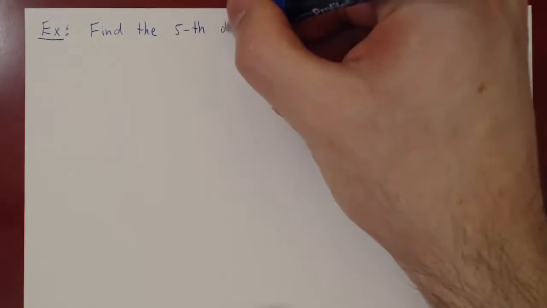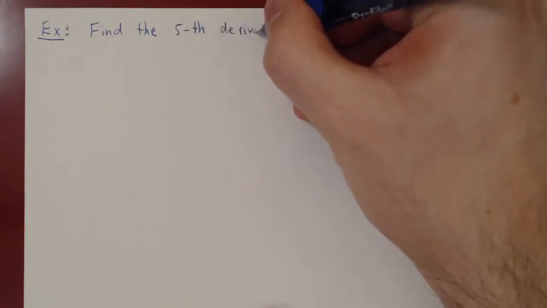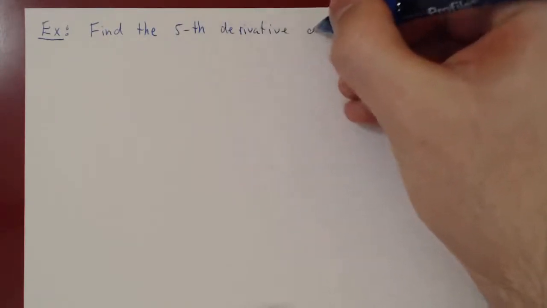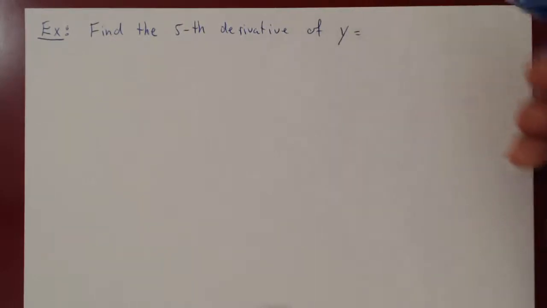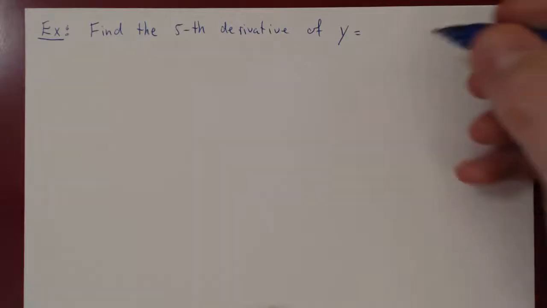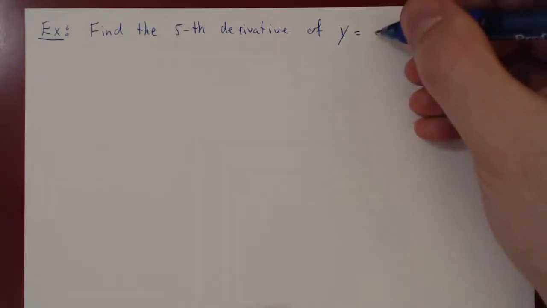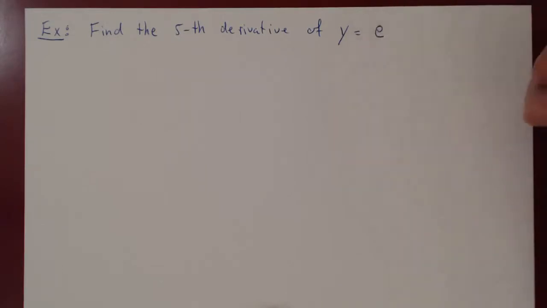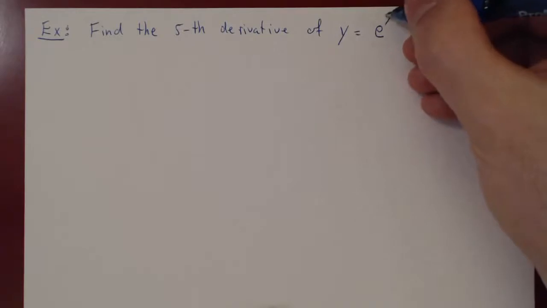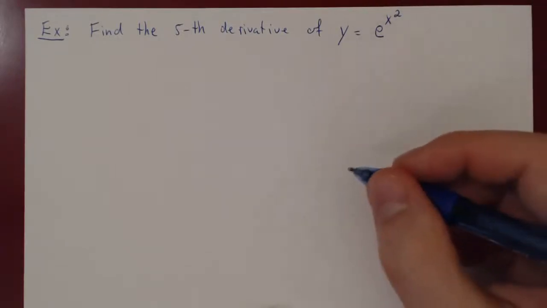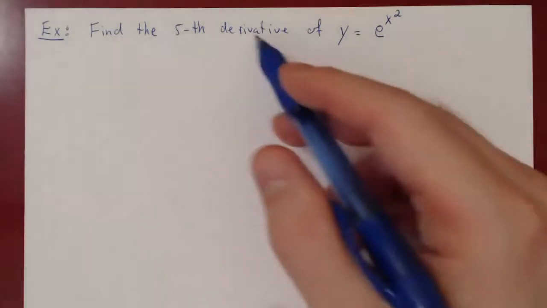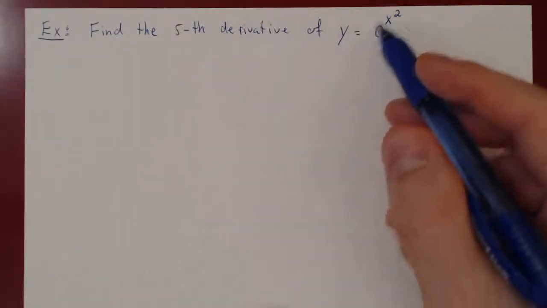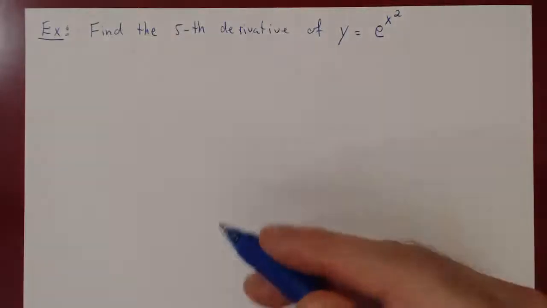So find the 5th derivative of the function y equals, let's go with e to the x squared. So to find the 5th derivative of this function, we have to differentiate the function 5 times.